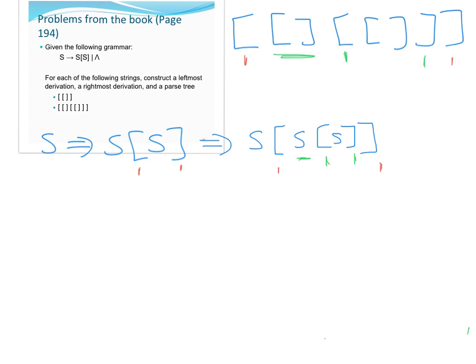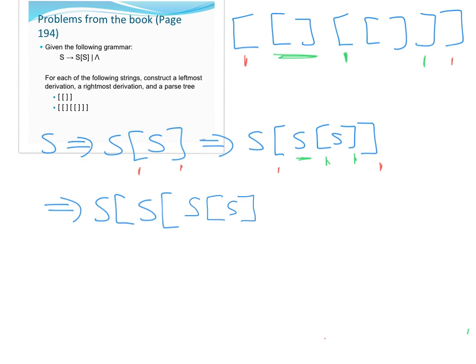We have to do a rightmost derivation, and we need another pair of brackets in here, so this needs to get expanded once more. So that goes to S bracket, S bracket. Now I'm going to expand this S into S bracket, S bracket. And then we put the final two closed brackets on.